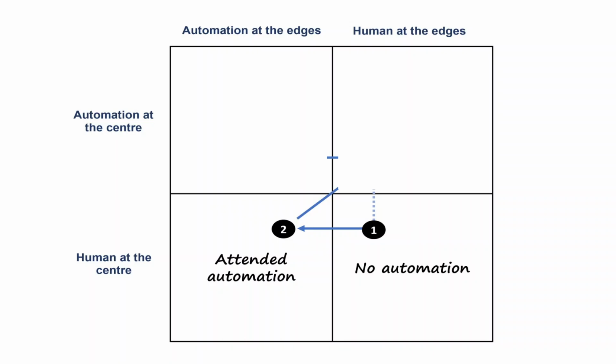Sometimes you can have unattended automation. And unattended automation is where the automation's at the center of the business process and the humans at the edges setting things up for the automation to make sure that things are humming along nicely. And it's a different mindset. And this evolution from no automation to attended automation to unattended automation is the journey that we're seeing at varying degrees inside organizations.